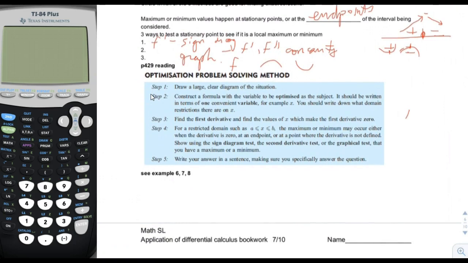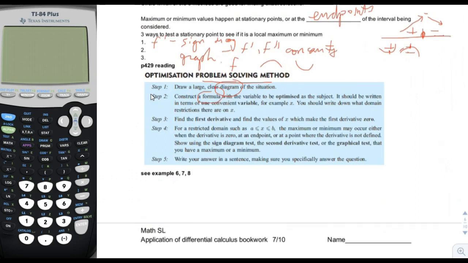Last of all, here is an optimization problem solving method, which you should go back to in case you get lost or have difficulty starting on a problem. First of all, diagrams are very important. If you can draw a diagram, sometimes that helps you understand it. The other is you need to find a formula, and the formula is going to have at least 2 variables.